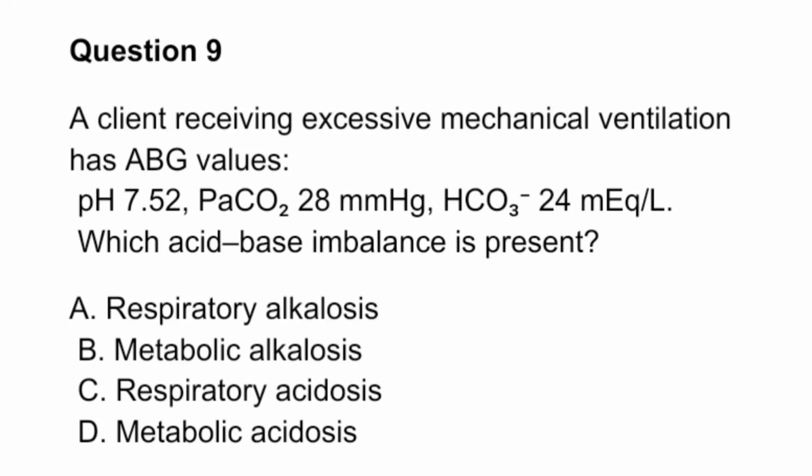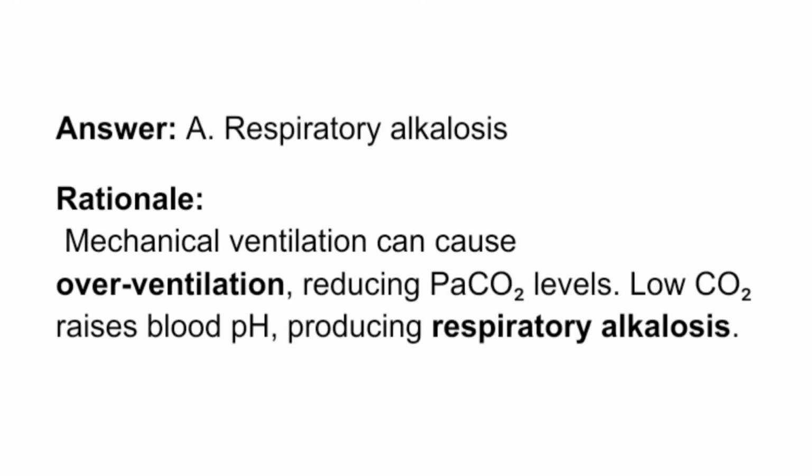B. Metabolic alkalosis. C. Respiratory acidosis. D. Metabolic acidosis. Answer: A. Respiratory alkalosis. Rationale: mechanical ventilation can cause overventilation, reducing PaCO2 levels. Low CO2 raises blood pH, producing respiratory alkalosis.